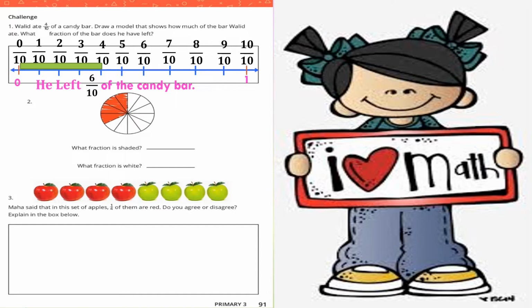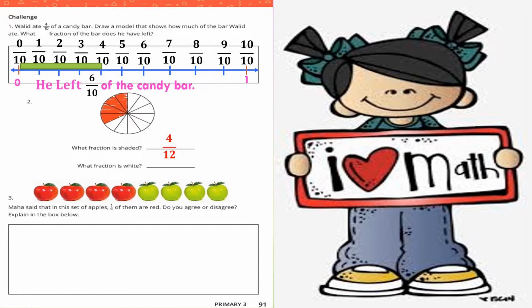It means colored and not colored. Okay? So let's count all of these parts. 1, 2, 3, 4, 5, 6, 7, 8, 9, 10, 11, 12. So the fraction of colored part here is 4 out of 12. 4 is the number of the colored parts and 12 the number of the total parts.